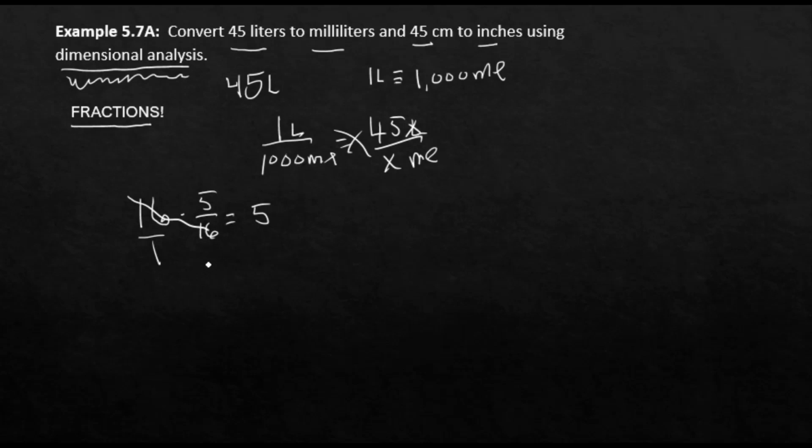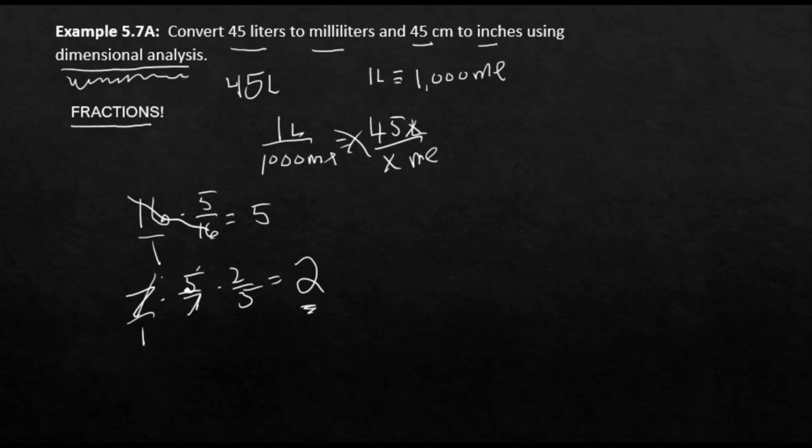Like, for example, try this one. 7 times 5 sevenths times 2 fifths. Give you a second, see if you can solve this without doing much work. And if you answered 2, you're correct. The 7s cancel, right? That's 7 over 1.